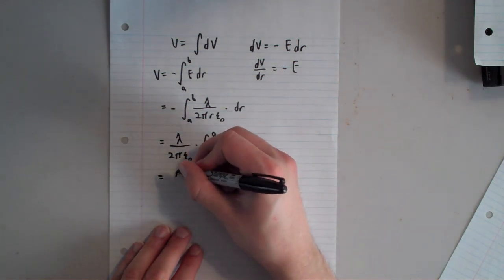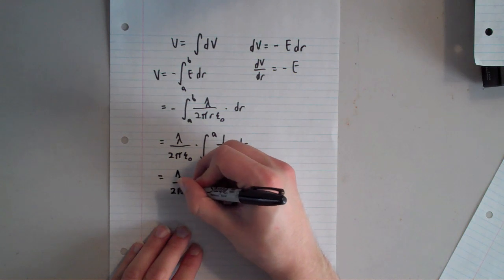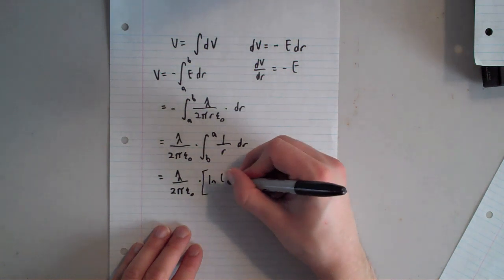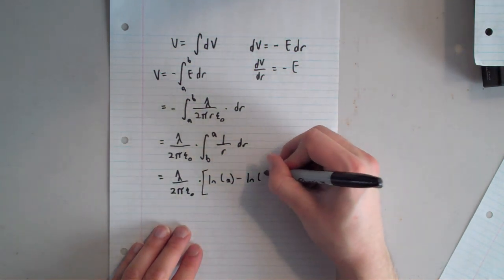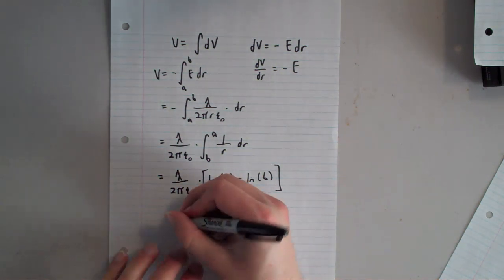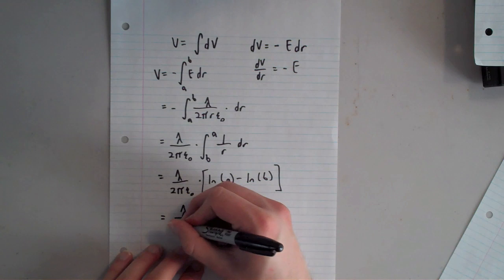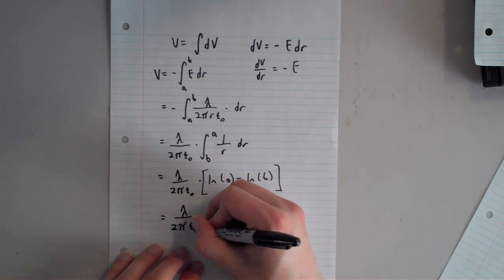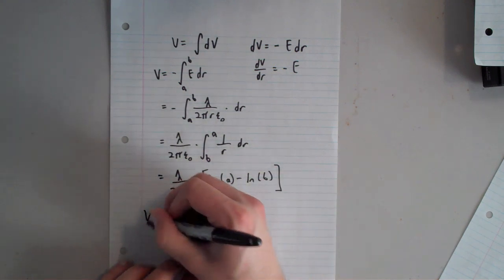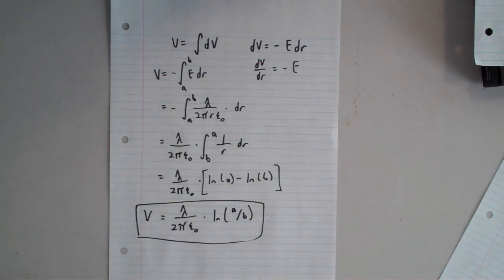So we get that V equals lambda over 2 pi epsilon naught times the natural log of A minus the natural log of B. And because of the rules of logarithms, we can write that as lambda over 2 pi epsilon naught times the natural log of A over B. And that is our expression for V, the potential difference between the inner cylindrical shell and the outer cylindrical shell. Okay, so that is step 2.